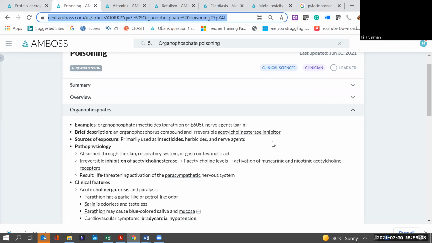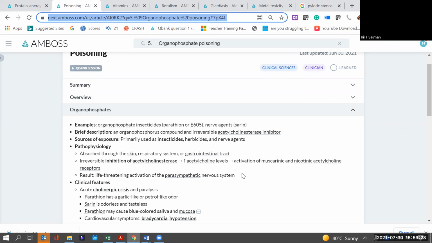Primarily, because of the insecticidal spray, the patient can have this. It is absorbed through the skin, respiratory system, or GI tract. Maybe they have ingested it, or inhaled it, or the spray is on their skin. So there are many routes through which organophosphate poisoning can occur.